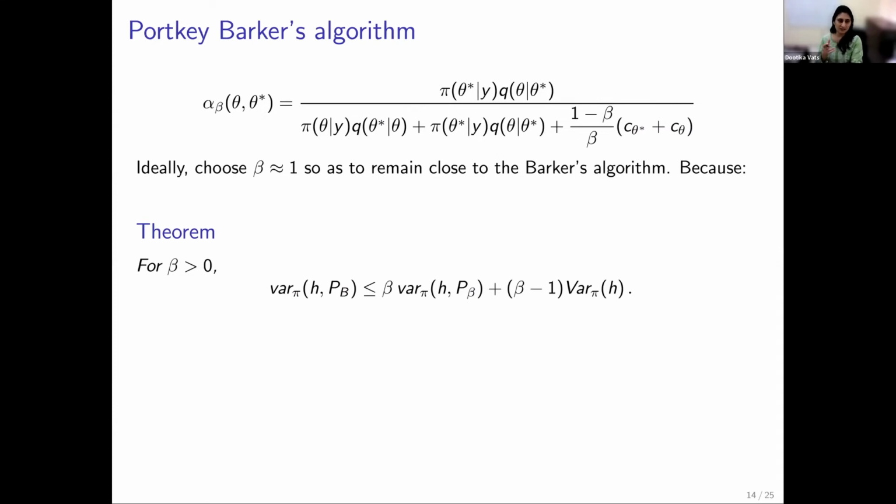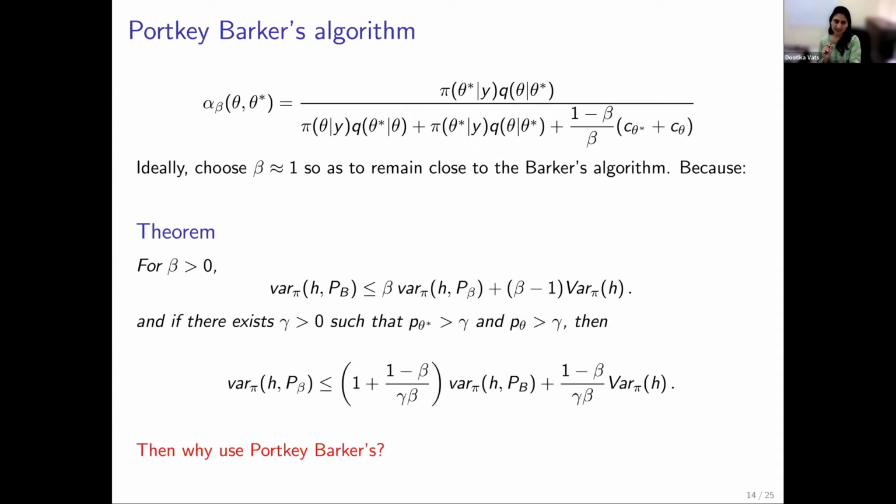Now, this inequality is not really helpful to us, because what it's saying is that the Barker's variance is less than or equal to beta times our Portkey variance, and that's not the direction of the bound that we want. The direction that we want is the opposite, and that's very challenging to do.